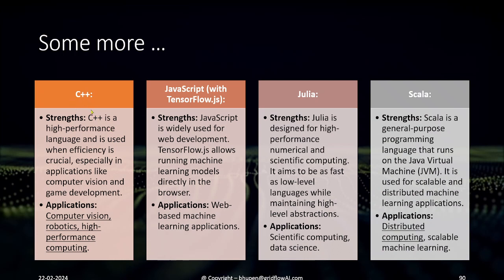C++ is indeed used for machine learning, especially for very high-end machine learning like computer vision, robotics, and reinforcement learning, which require a lot of computing load. JavaScript, Julia, and Scala. Out of these, Scala is quite popular because of its distributed abilities, which allow you to process the data across clusters of machines.